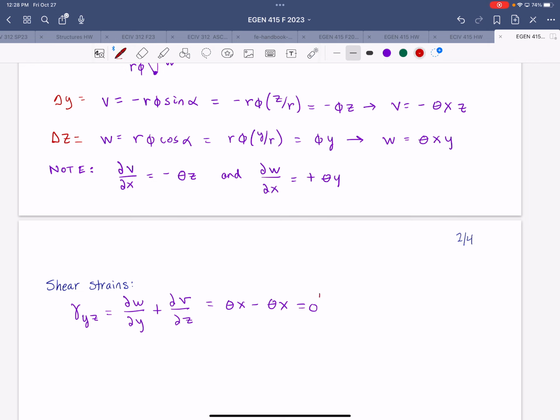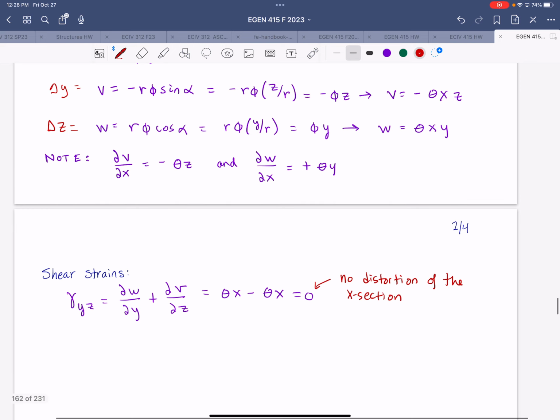That tells us that there is no distortion in the cross-section in the YZ plane.